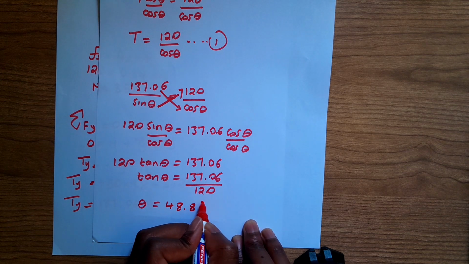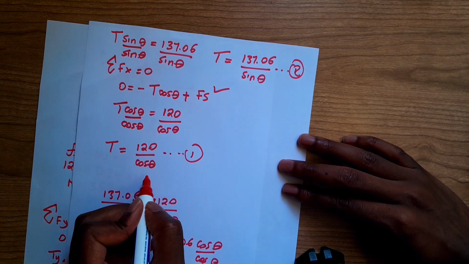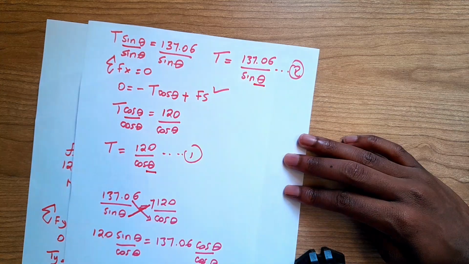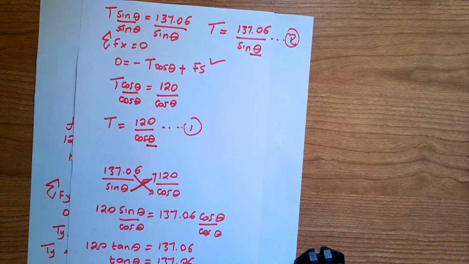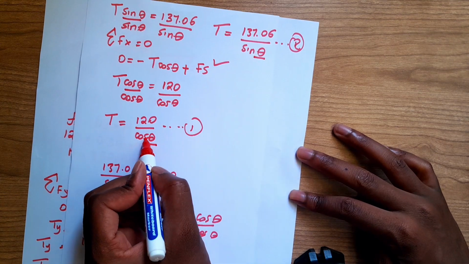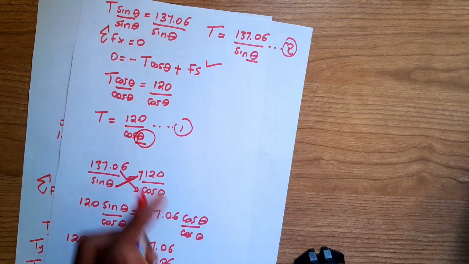48.8 degrees. Remember, I want to find T, so I'm going to substitute theta in here or in here, in whichever one, to get the value of T. So let me just substitute theta here. I'm going to substitute 48.8 degrees. I'm going to use this one.